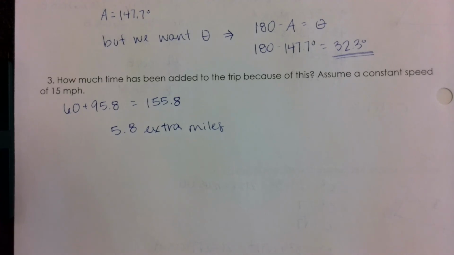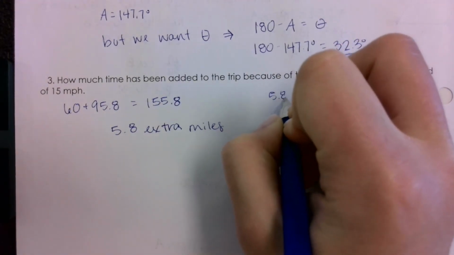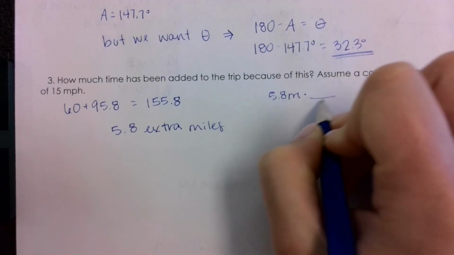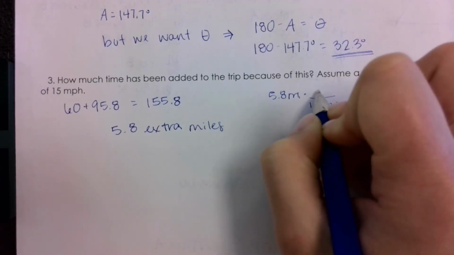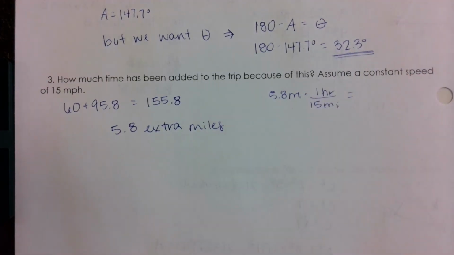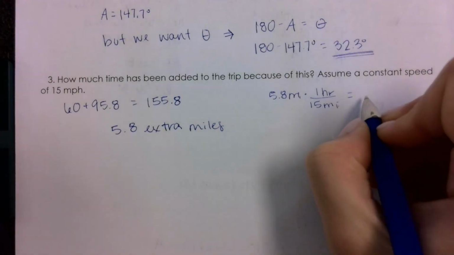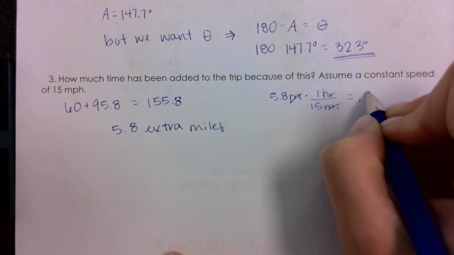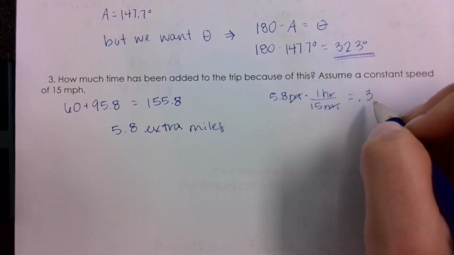So that's great. We know it's 5.8 extra miles, but how much time did that add to the trip? How can we figure that out? We kind of got to do like train tracks, right? So we know that it's 5.8 miles, and they're traveling at 15 miles per hour in 1 hour. Does that make sense? So we're dividing by 15. And so what do you get when you do 5.8 divided by 15? 0.39.